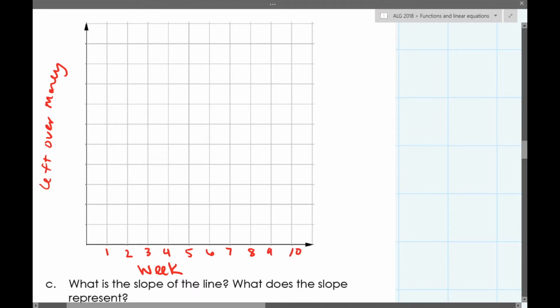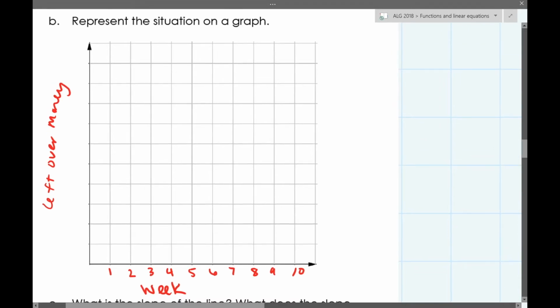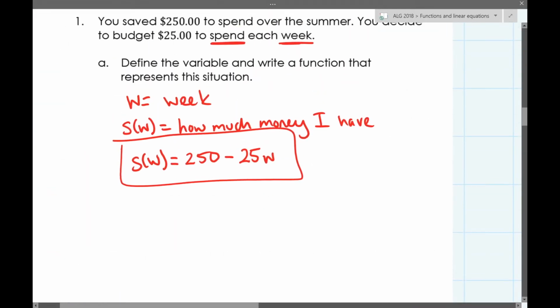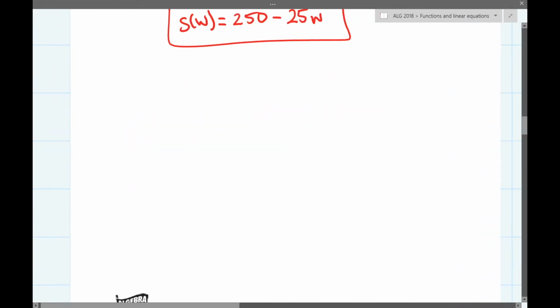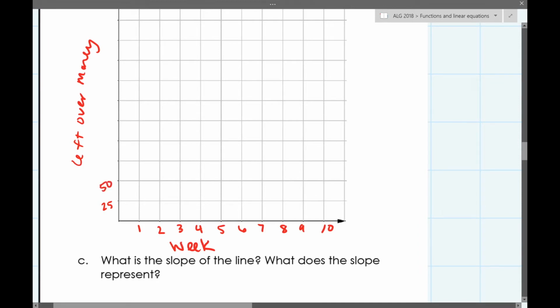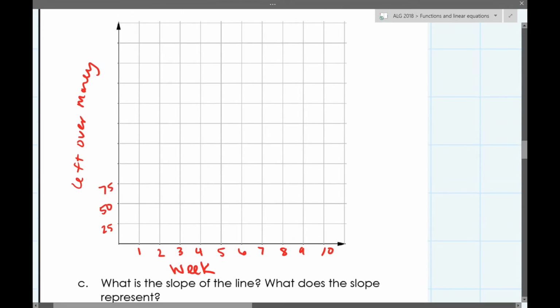Alright. Now with leftover money, how much money am I being taken away each week? Well, I'm taking away $25. So 25 would be a great point right here. So if I go up by 25, 25 after 25 is 50, 75, 100, keep going, 125, 150, 175, 200, 225, and then 250.